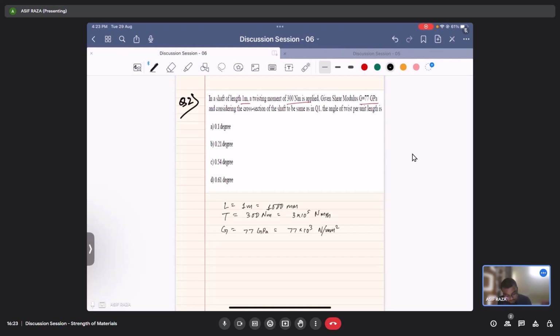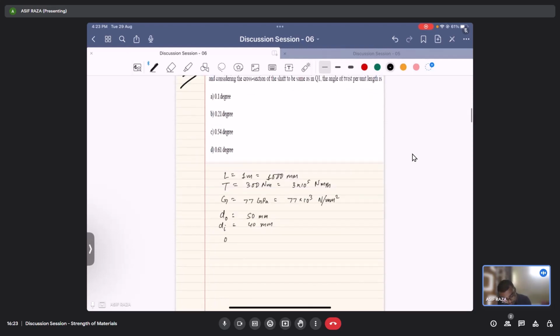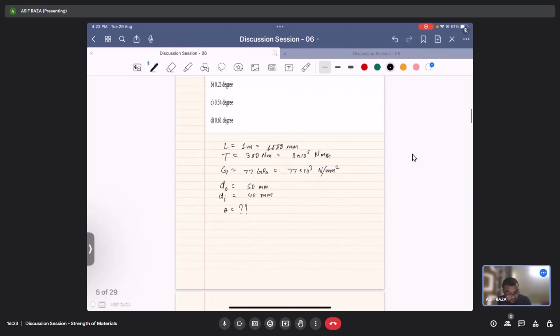Consider the outer dia is same as above, 50 mm. Inner dia is 40 mm.